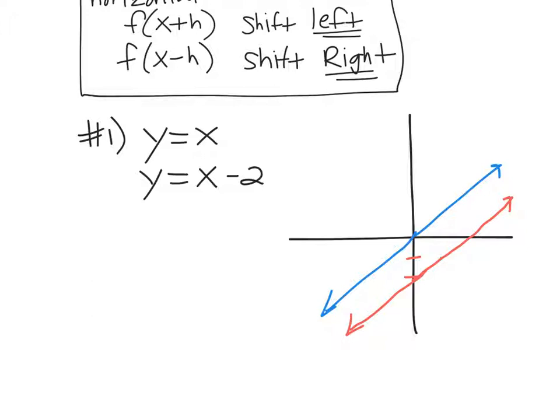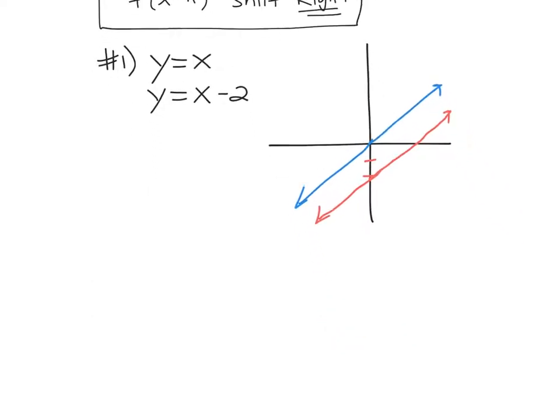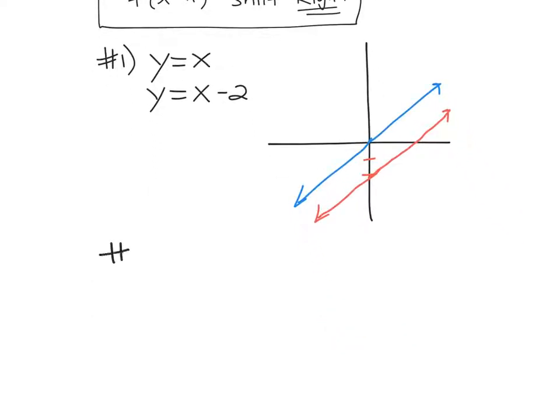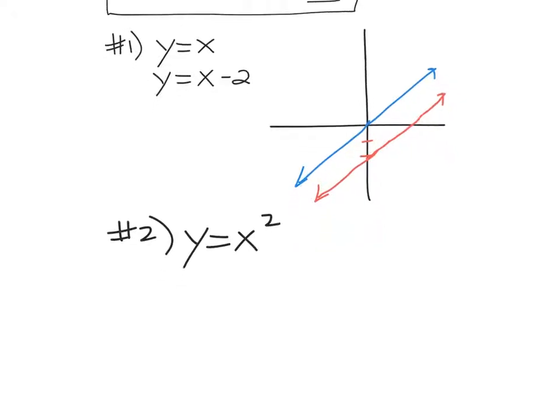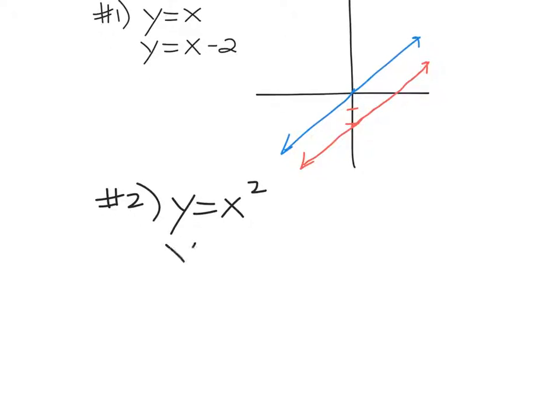Okay, let's do it now with a parabola. If I have my parent function, I'm going to shift this x squared plus 4. Let's see what happens to it. y equals x squared is my parent function.